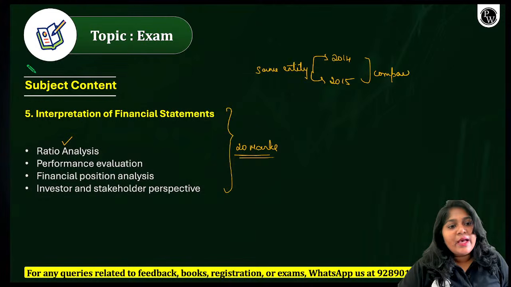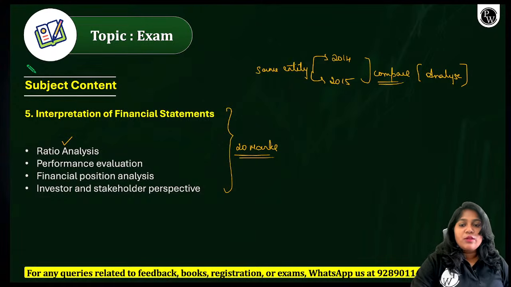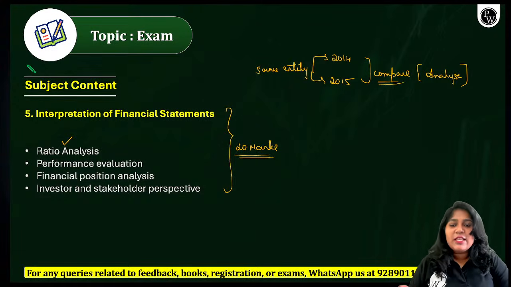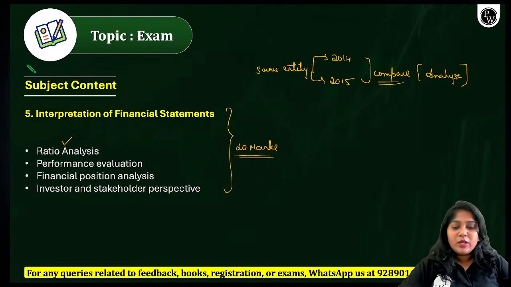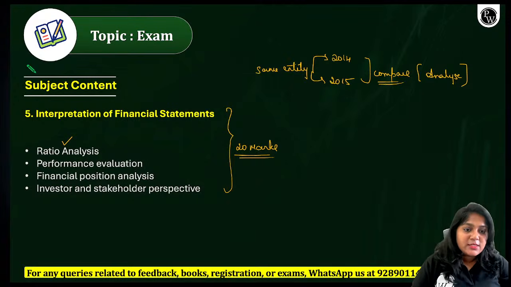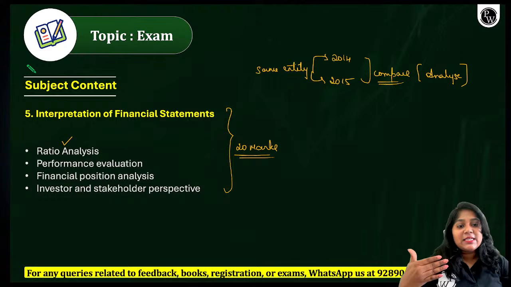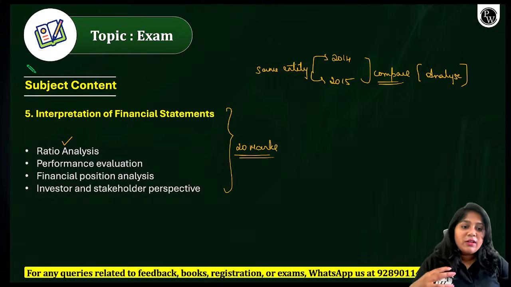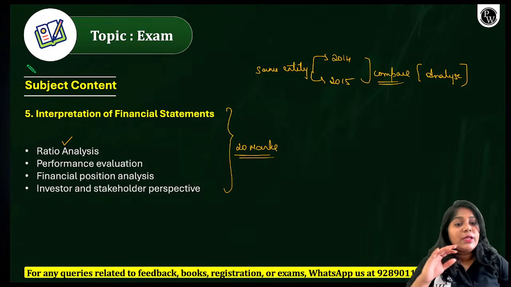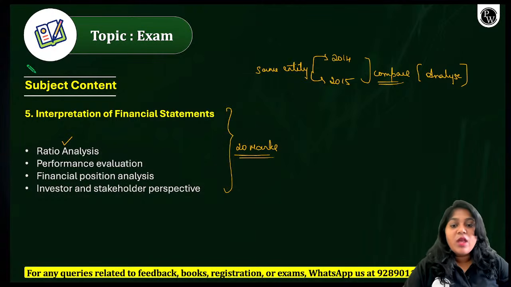When I compare, I need to analyze, guys. That is where the students fail. Over the period of time, I've seen a lot of students who are very good at calculating ratios, saying, ma'am, this is the gross profit ratio and this is the operating profit ratio. Calculation is fantastic. But when I talk about analysis, tell me why it increased, why it decreased, what could be the reason? Analysis is becoming a difficult part for a lot of students, which we will definitely learn in our sessions: how do we analyze.